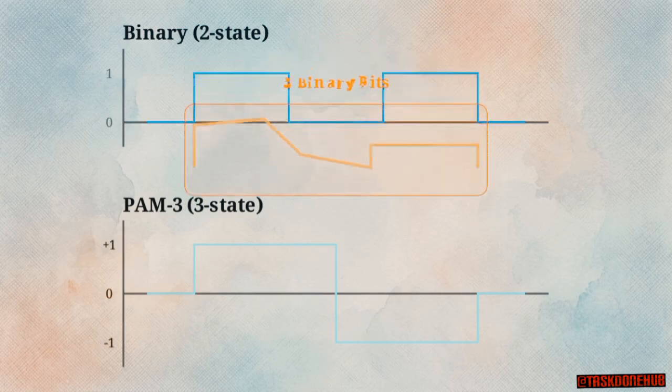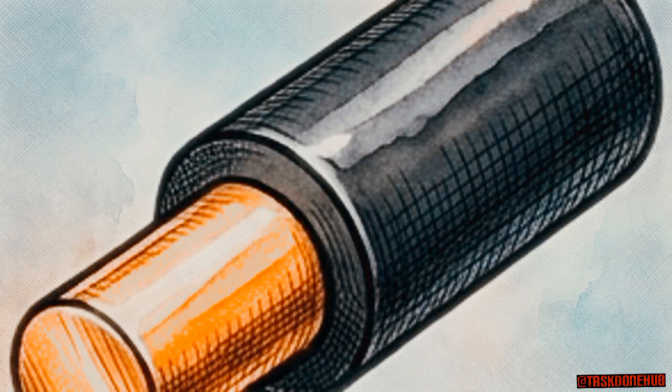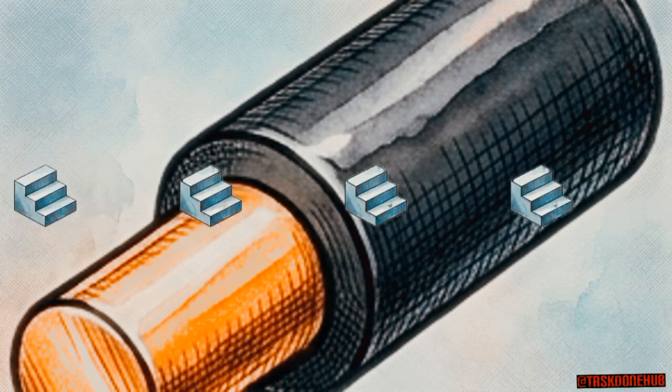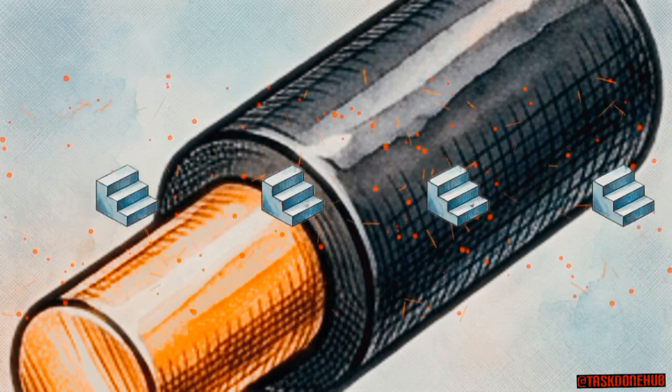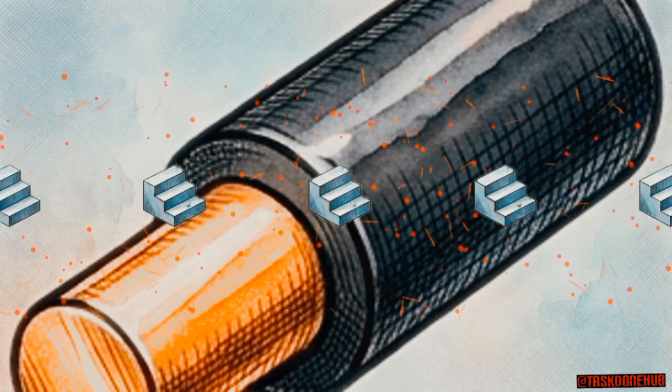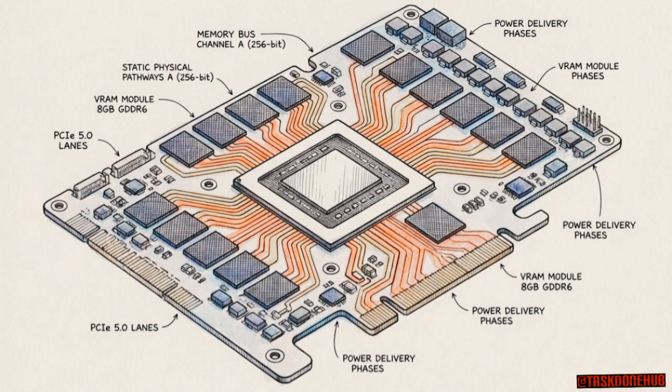Using this specific math, the PAM3 scheme compresses 3 standard binary bits into just 2 ternary digits. Transmitting fewer physical pulses across the wire increases the total data transfer rate while improving the signal-to-noise ratio over traditional binary lines.